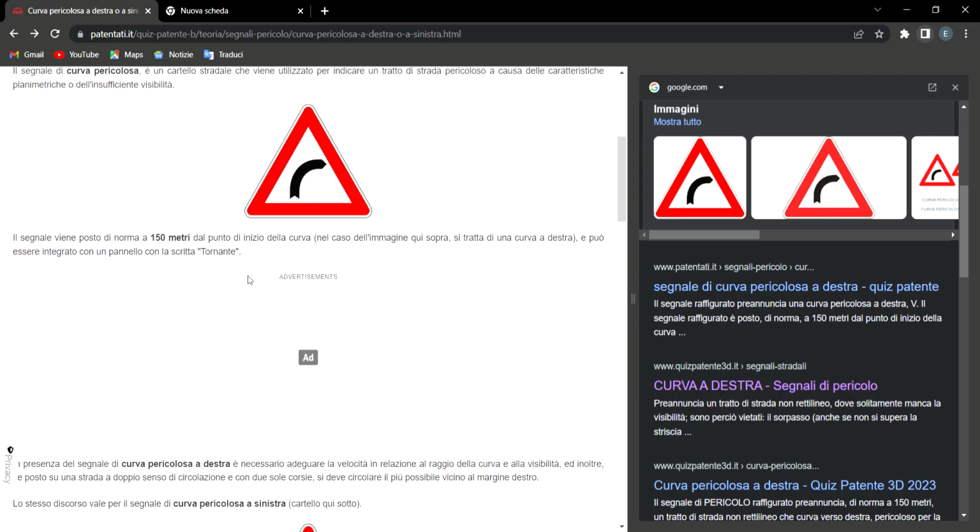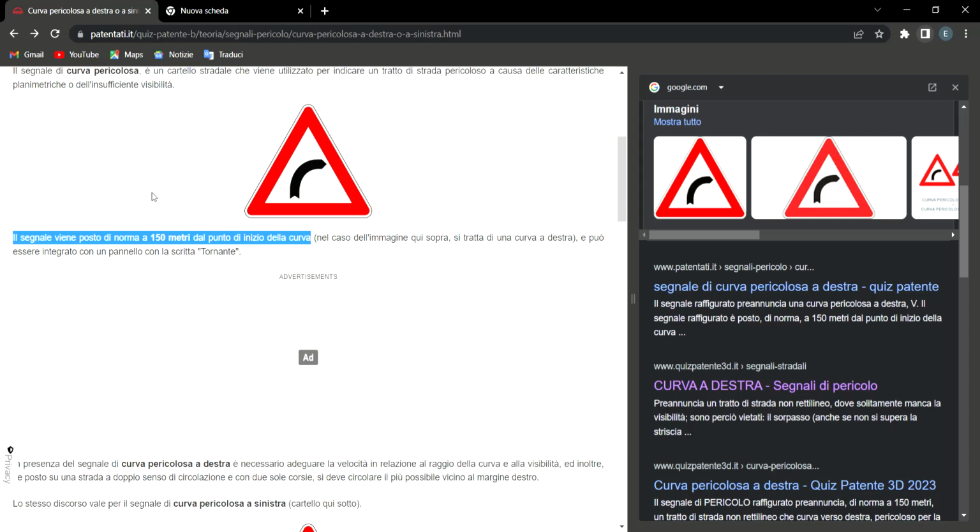So let's move on. It says il segnale viene posto di norma a 150 metri da punto di inizio della curva. And he's saying that this segnale di pericolo of curva destra is always placed at 150 meters away from its description.